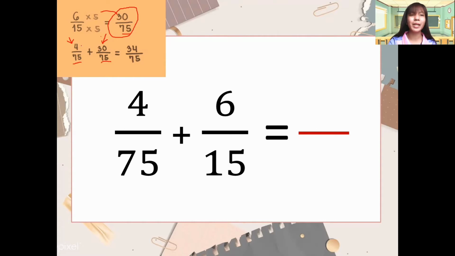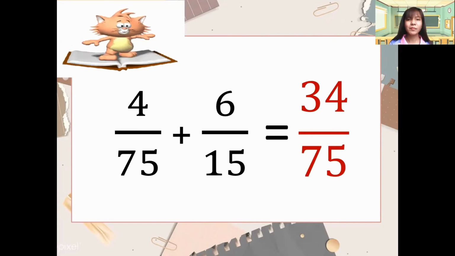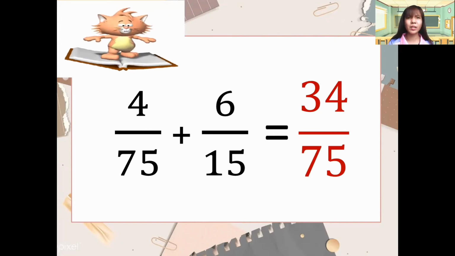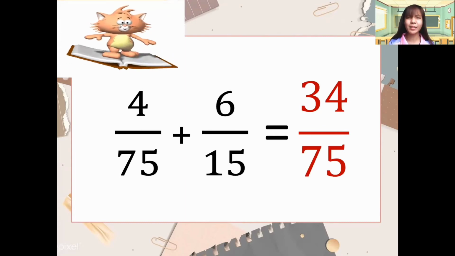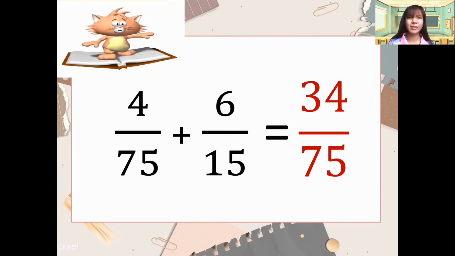Okay, add the numerators. 4 plus 30. It's 34. Alright. And then just copy the denominator. So now we have 34 over 75 as the final answer. Okay, so do you think there is any number that is divisible into 34 and 75?